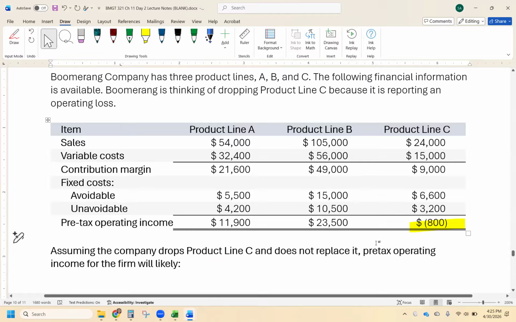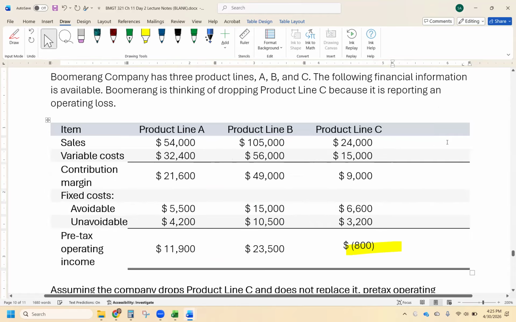Okay, so here's where we're at. Total overall profit. This really needs another column is what it needs. So total for the whole entire company. What is going on here?